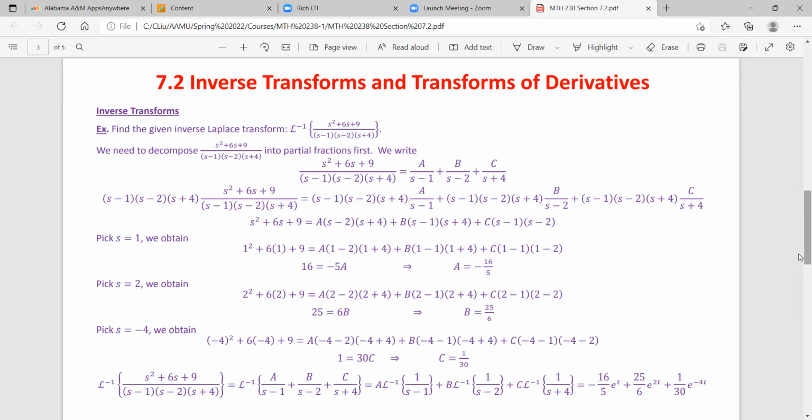For example, if you pick s equal to 1, then you get 1 squared plus 6 times 1 plus 9 equals a times 1 minus 2 times 1 plus 4, plus b times 1 minus 1 times 1 plus 4, plus c times 1 minus 1 times 1 minus 2.